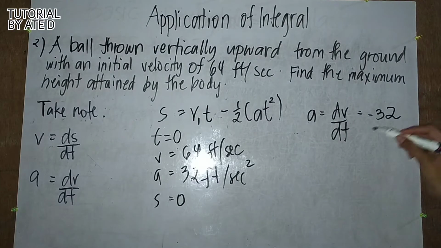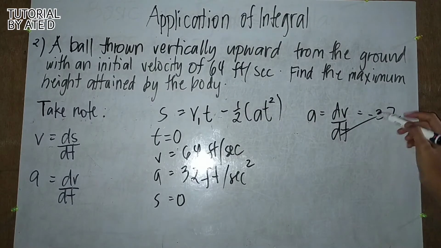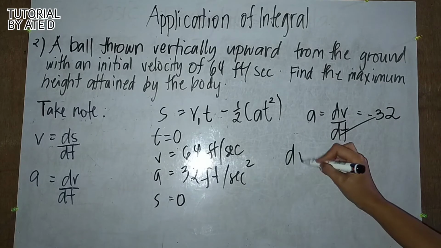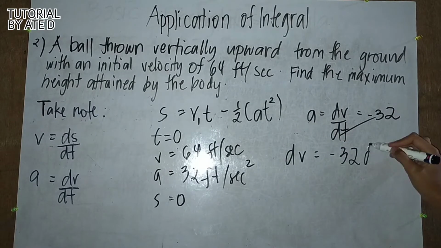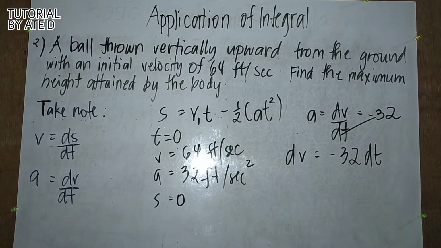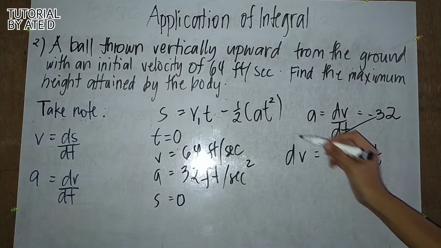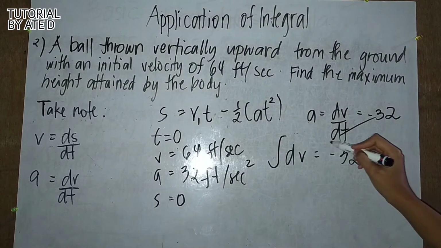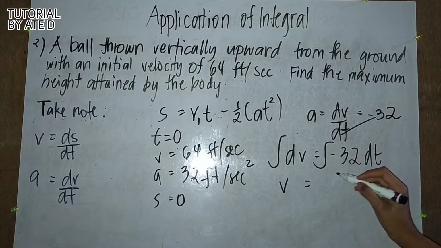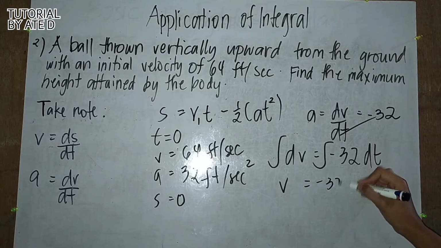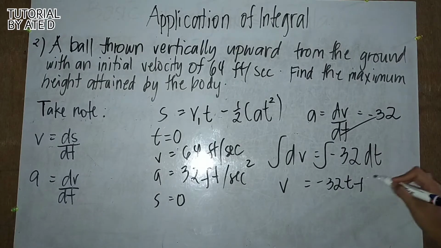So, ayan. I-cross multiply natin. So, magiging dv is equal to negative 32 dt. So, ayan. Pwede na natin kunin yung integral nito. So, v is equal to negative 32t plus c.